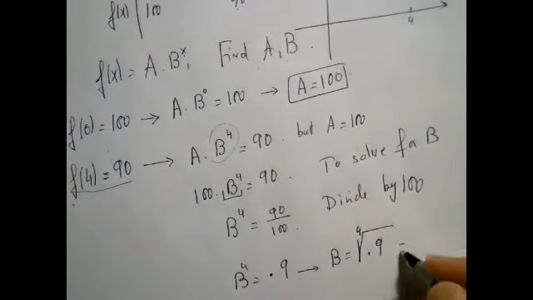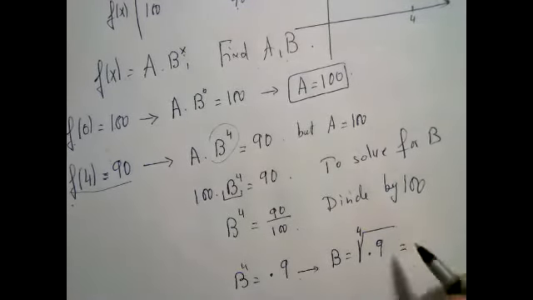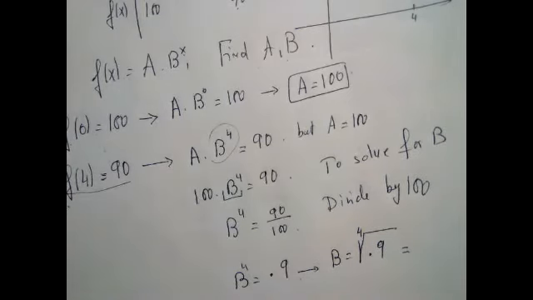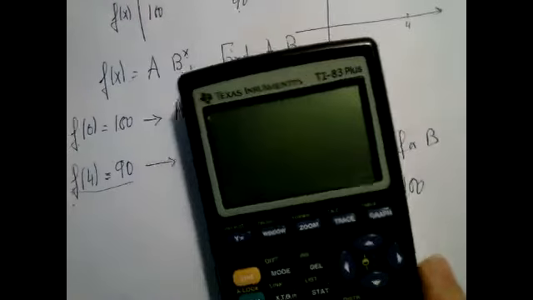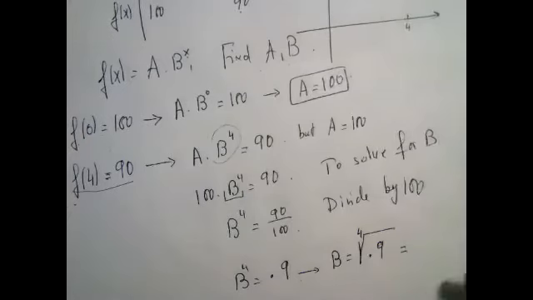Now, I pick up my calculator and I compute the 4th root. All right, so we're going to compute the 4th root. One way to compute the 4th root is to take 0.9 to the power 1/4. So I'm getting 0.974.